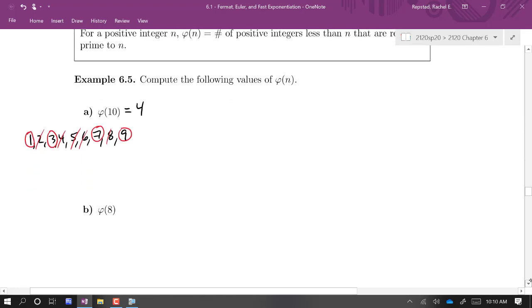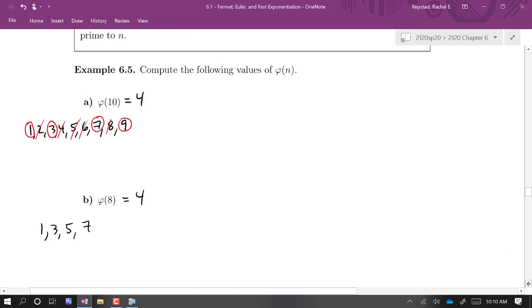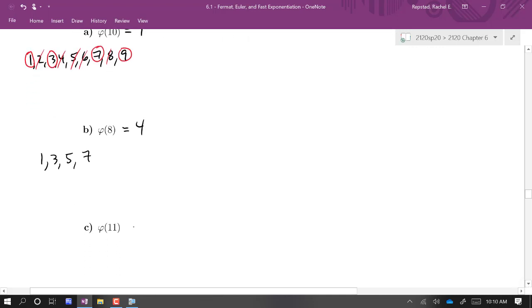Phi of 8 is also 4. And you can check this, but the integers less than 8 that are relatively prime will be 1, 3, 5, and 7. Phi of 11, take a second, think about what you think phi of 11 should be. Maybe you could point out the integers that will be relatively prime to it.